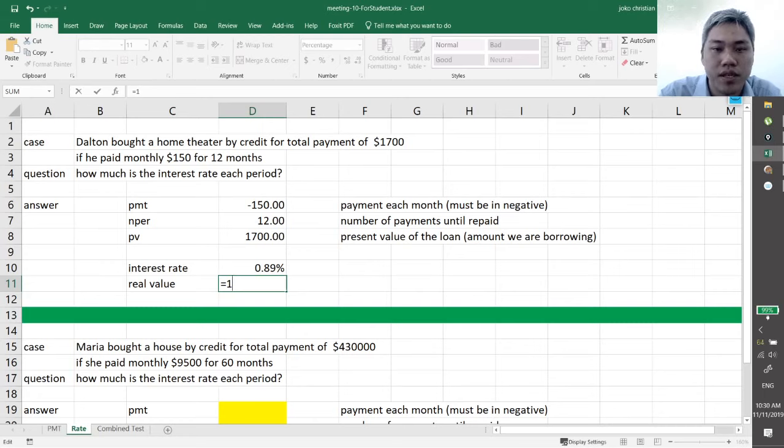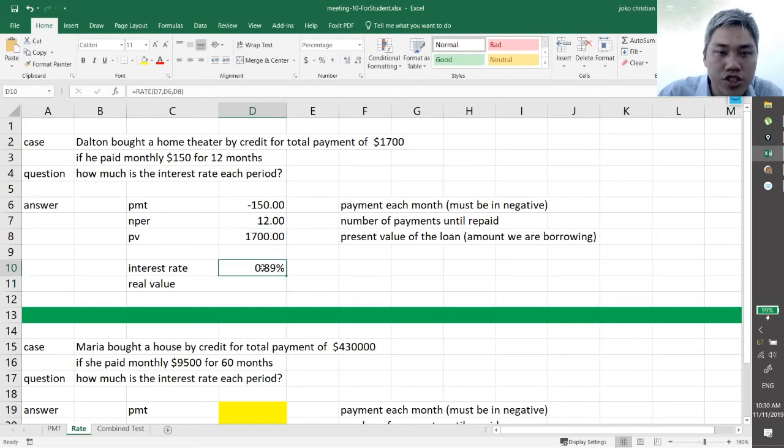So this will be equals divided with, wait a minute. The logic should be the interest rate for each month, payment for each month, number of payments.